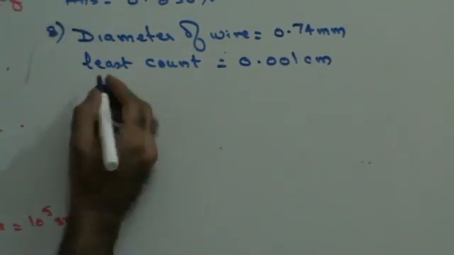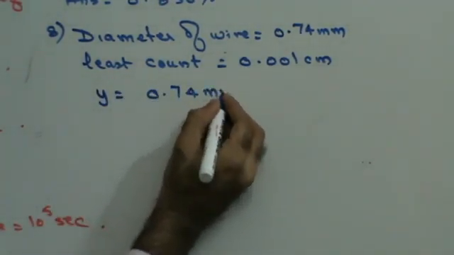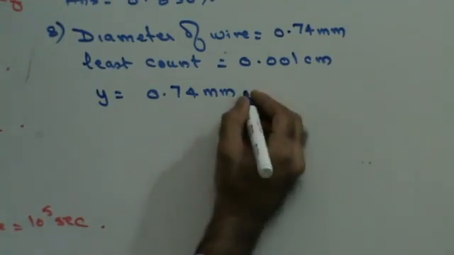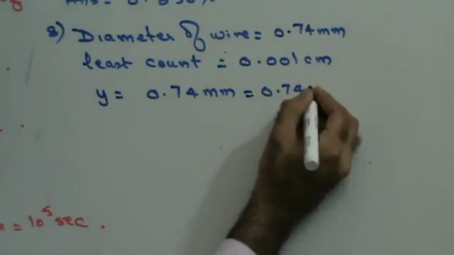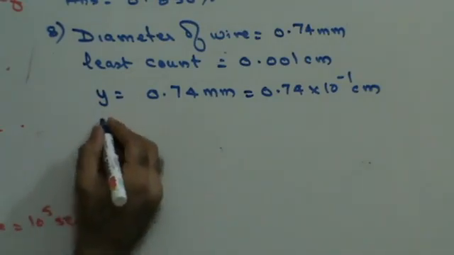Now guys, let us assume that I represent the diameter as y, 0.74 millimeters. Since the least count is given in centimeters, I should represent my reading also in centimeters. How do I do that? This can be written as 0.74 into 10 raised to minus 1 centimeters, right?